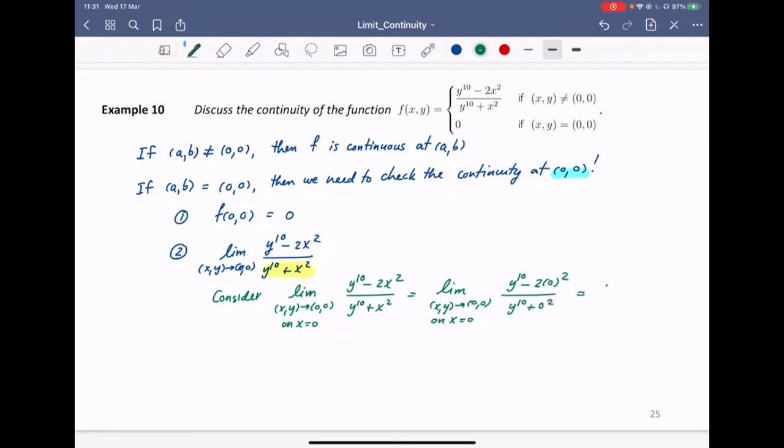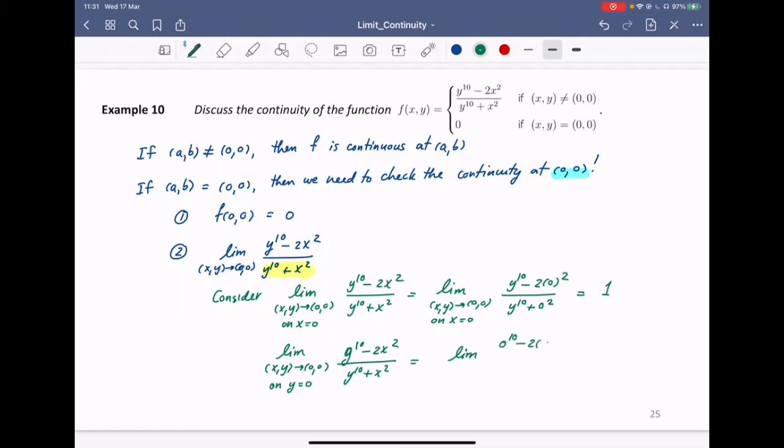You can see this is 1. And then you can find another line, let's say I'm going to pick y equal to 0. Copy the question first, and then I plug in y equal to 0 here.